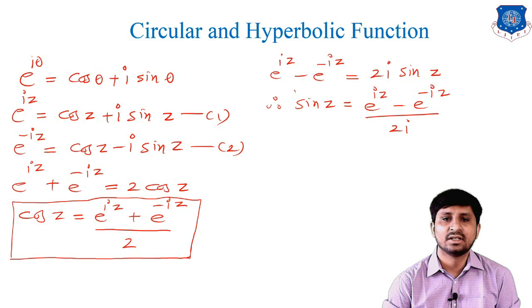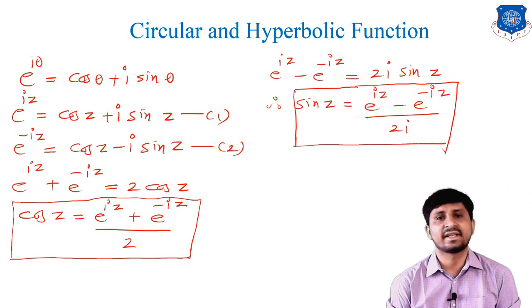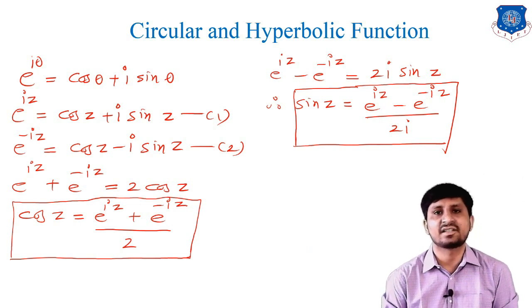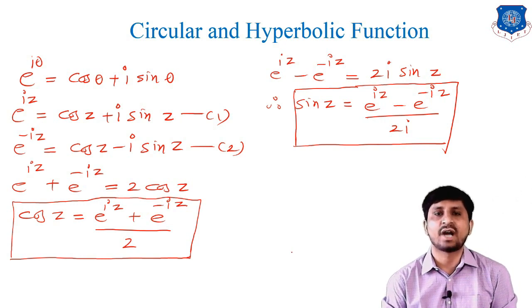Now these two are circular functions that we know, cos z and sin z, and these two formulas you have to remember: cos z is e raised to iz plus e raised to minus iz divided by 2, and sin z is e raised to iz minus e raised to minus iz divided by 2I.